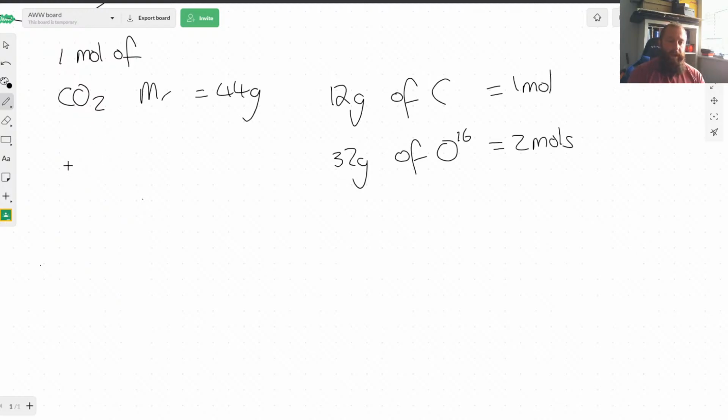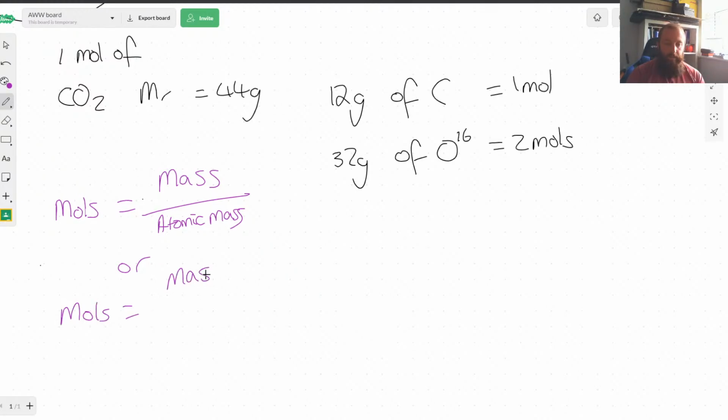So what we're looking at for the formula for this one, and let's change colour because it's really important: moles equals mass over the atomic mass, or moles equals the mass over the molecular mass, depending on whether we're looking at molecules or atoms.